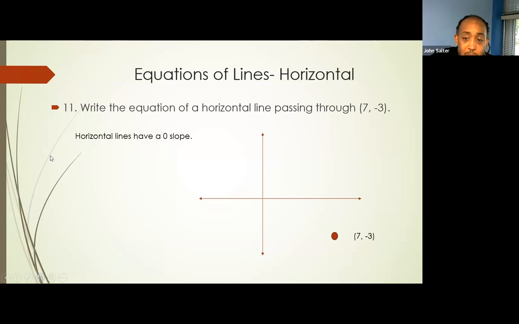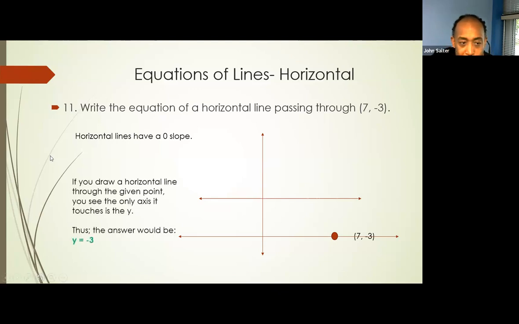If I plot the point they gave, I know that there is a 0 slope and it's horizontal, so whatever horizontal line goes through that point is just the same as whatever the y value was, because it's going to have that same y value continually. Horizontal lines are always y equals, vertical lines are always x equals. Just something to put in your back pocket for later.